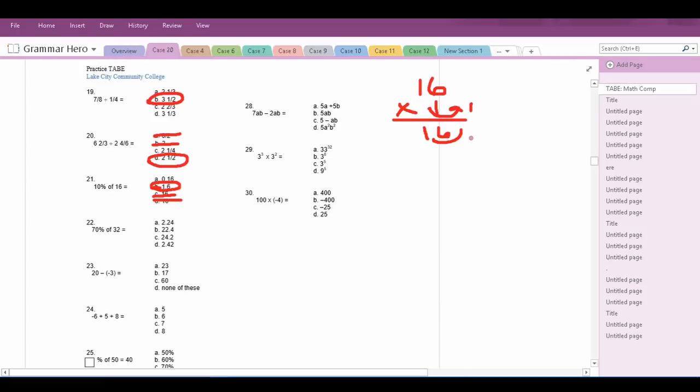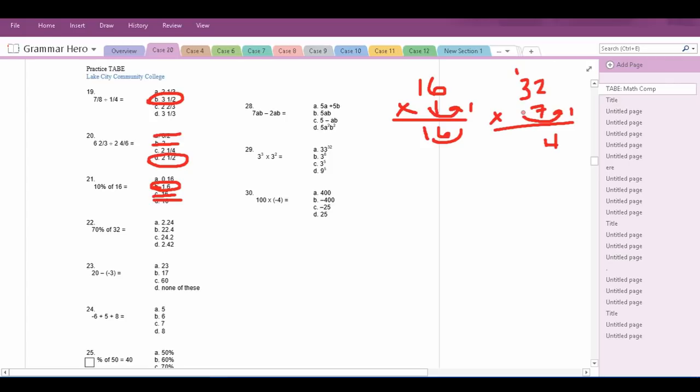70% of 32. This is basically asking you what is 70% of 32. So we're going to take 32, multiply it by 0.7. Again, just as we did over here, move this 7 over, and we moved it over 1. We're going to have to move it back to the left when we're all done with our work. 2 times 7 is 14.